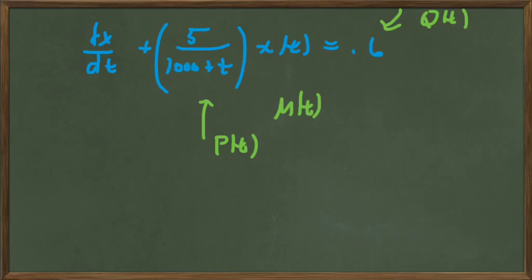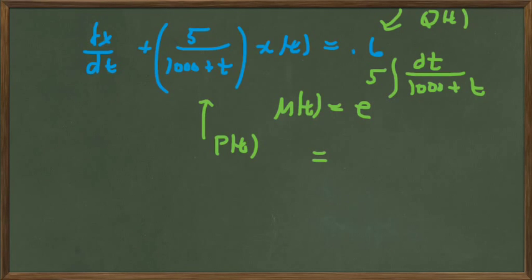Mu of t is e to the integral of p of t dt, and that is what brings the constant out. The integral of dt over 1,000 plus t is ln of 1,000 plus t.